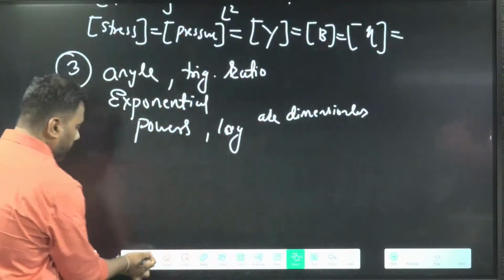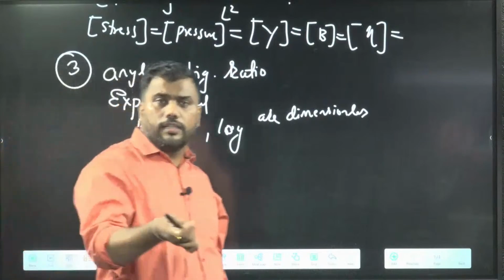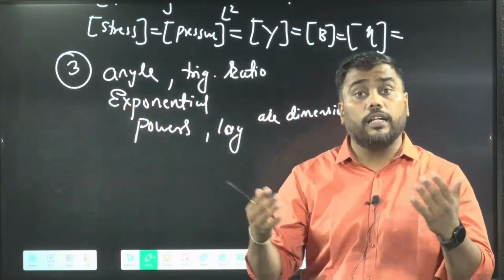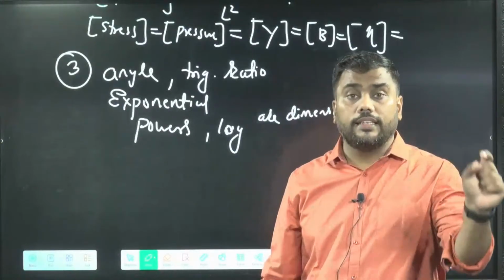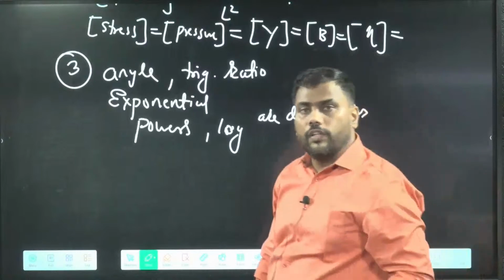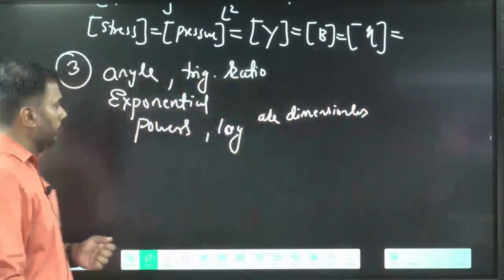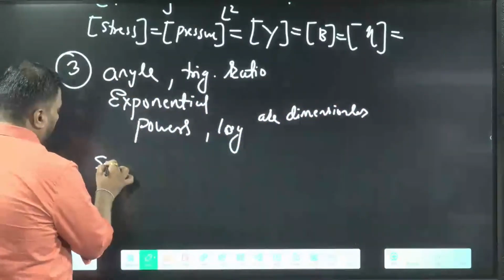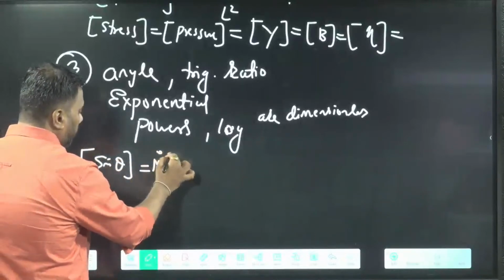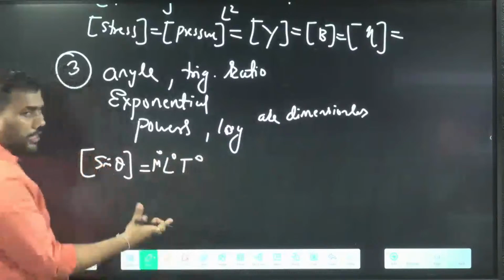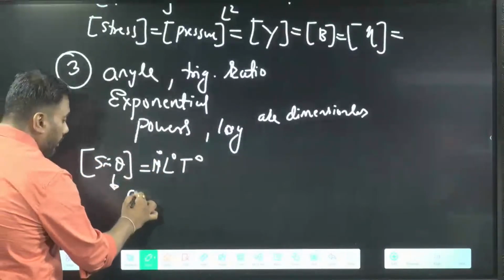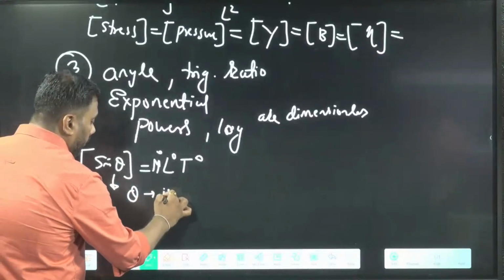Sin theta, cos theta, tan theta represent the ratio of two sides of a triangle. They represent the ratio of same physical quantities. Sin theta is perpendicular by hypotenuse, so it is dimensionless because it is a ratio of the same type of physical quantity. Dimensions of sin, cos, tan, sec, cosec, cot are 0, dimensionless. The angle theta is also dimensionless.